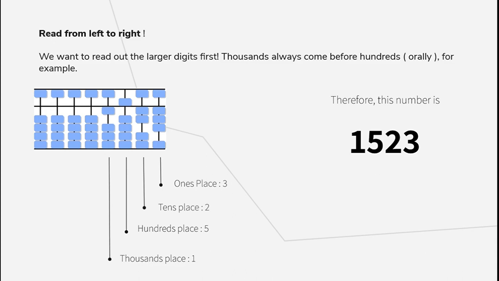For example, in 1523, notice how it is natural for all of us to say out 1000 first and then followed by 500. This is because 1000 is a larger digit than 100. So if I say out the larger digits first, I must also similarly read the abacus from left to right, because the larger digits always occur on the left of the abacus.